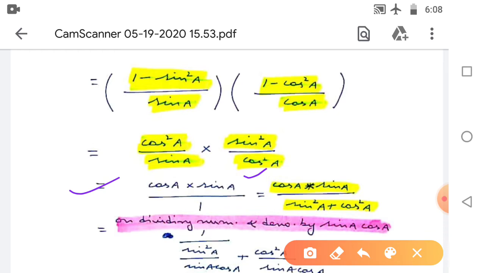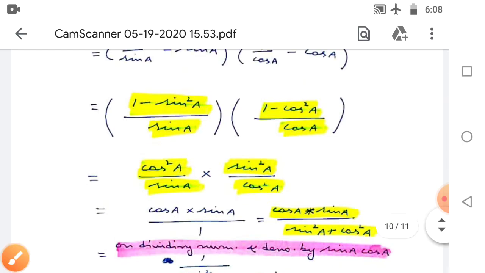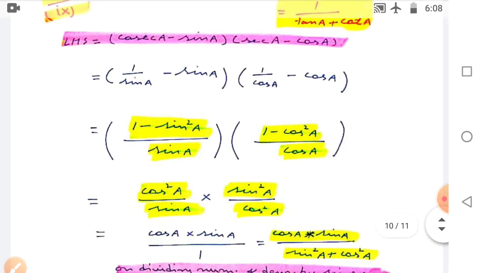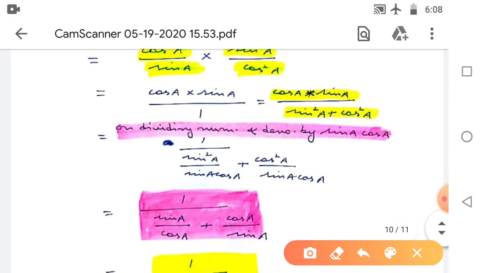Clear? And now look at the RHS, in the form of 1 upon tan A plus cot A. And here we got cos A and sin A. Okay, so we need to apply some trick here. In the denominator we have 1, so instead of writing this one, we write sin square A plus cos square A. Right?